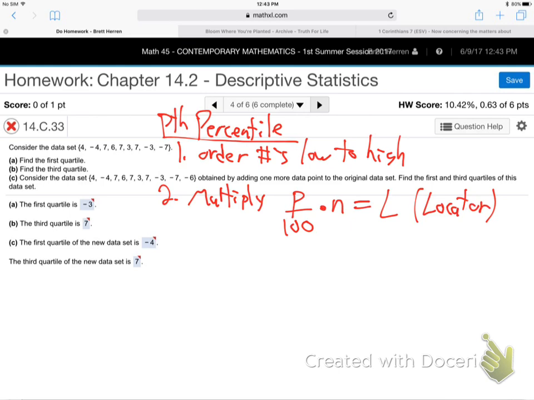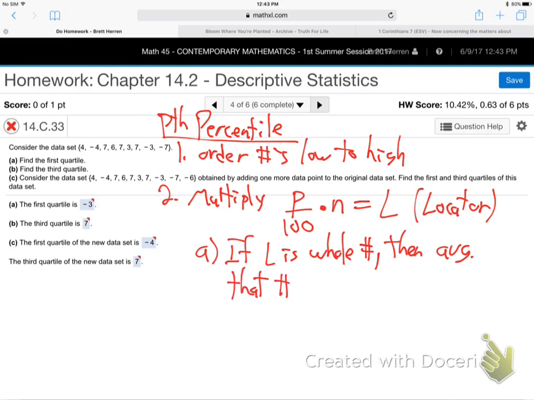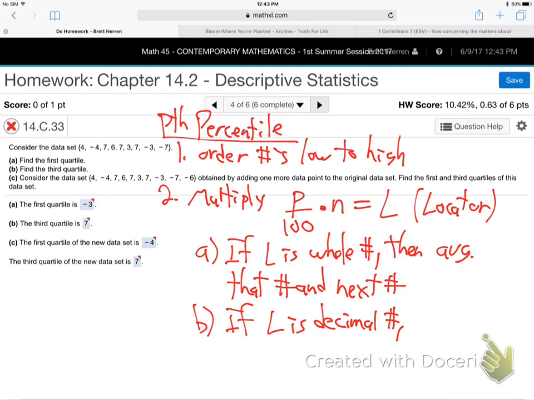Okay, so anyway, what do we do with that locator? If L is a whole number, then average that number and the next number. If L is a decimal number, round L up.